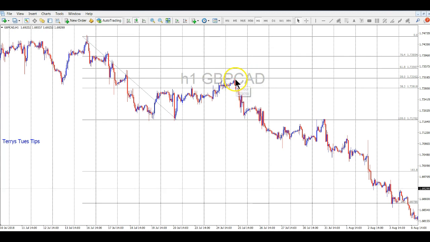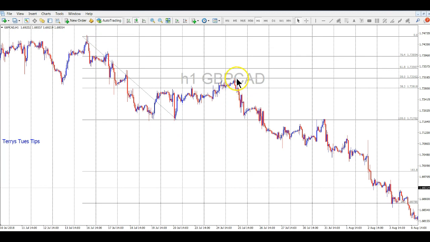I think I've stated in other videos that my preference is the 50 or the 618 pull back to there on anything from 1 hour and below. And for 4 hour and above, I'll also use the 38.2. But as we can see, it pulled back to the 50 here and came down.